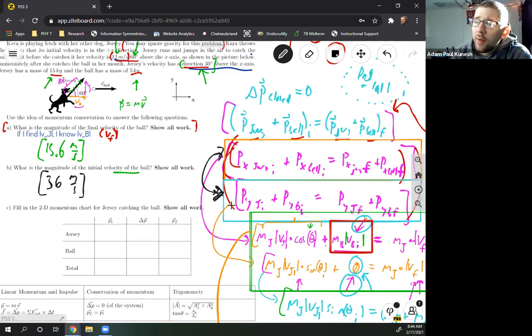Now we can hopefully carry forward the intuition that if one of our systems only has one component, that component will be the harder one to solve. So here, because one of our two subsystems, the dog and the ball, didn't have a vertical component, the vertical component was actually the easier of the two to solve. That's a good general idea about momentum conservation to carry forward.